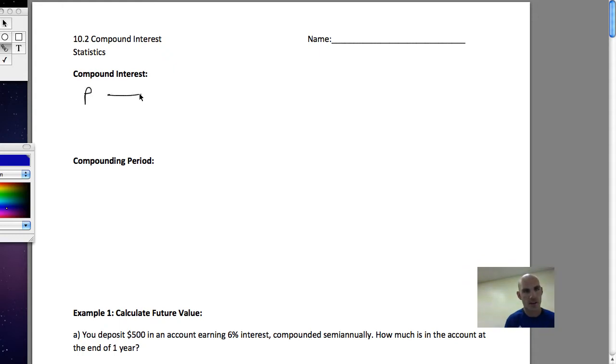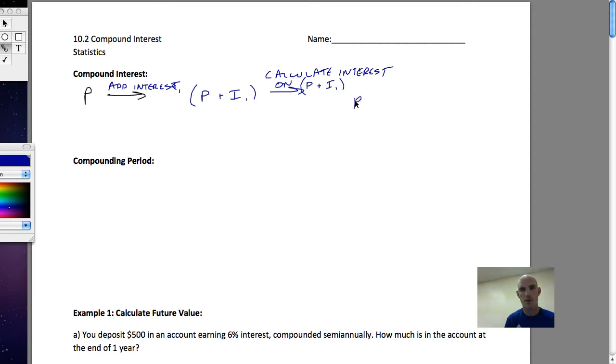Principal. And when we do compound interest, it looks something like this. It'll be principal, add interest. Well, then we have principal plus interest 1. So this is interest 1. Well, then what we do is we calculate interest on principal plus I1.